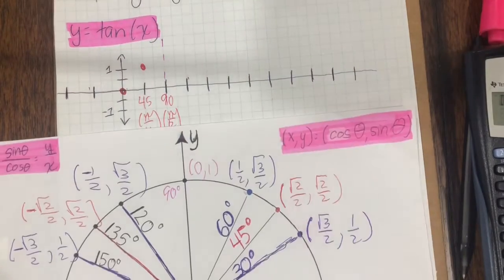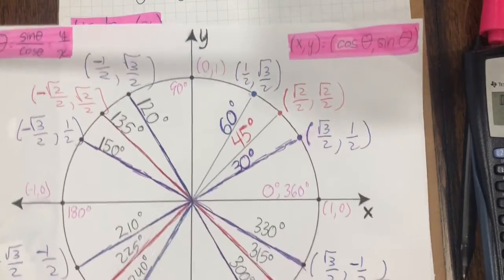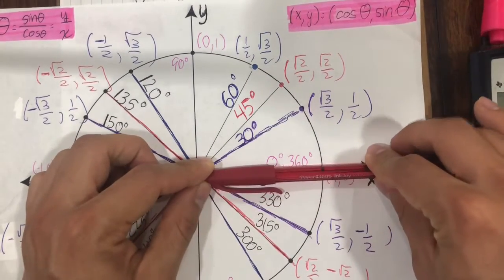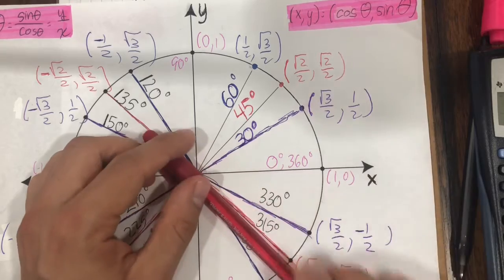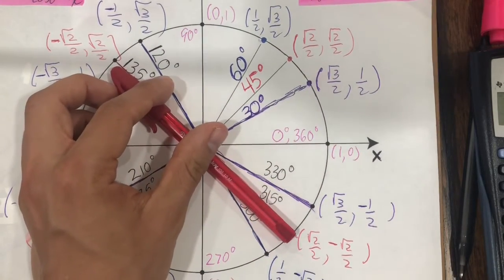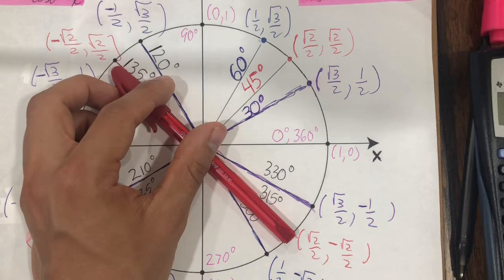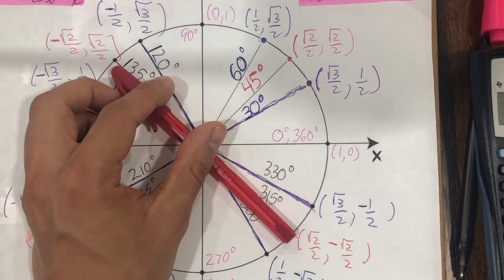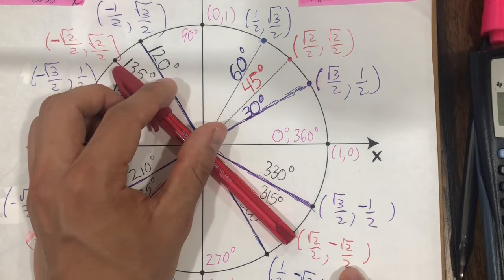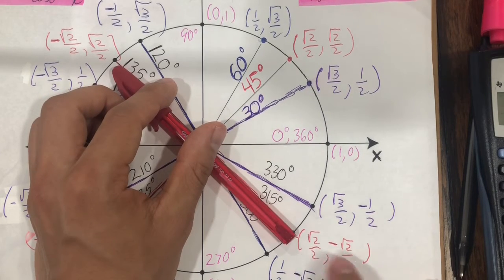Let's go ahead and turn in a clockwise direction at a 45 degree angle measurement. If we turn 45 degrees clockwise, we're at the same spot as 315, which would be negative 45 degrees, and this will be my x and y value. I can divide these two numbers.